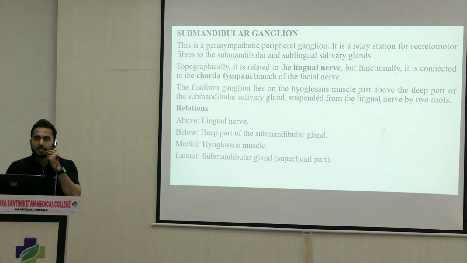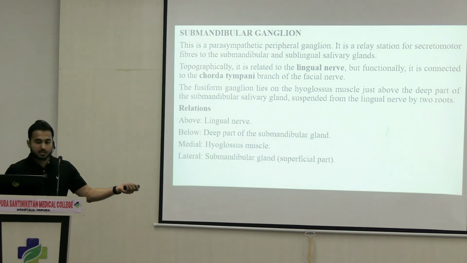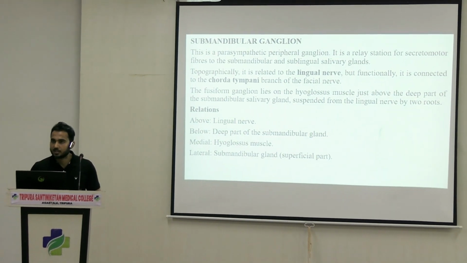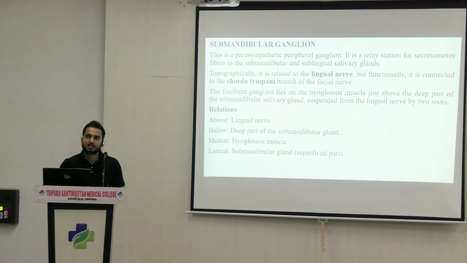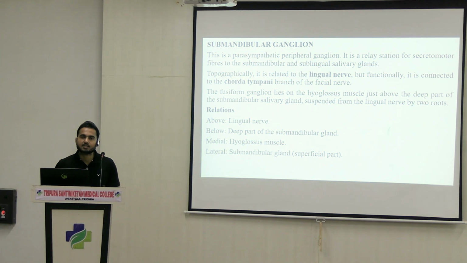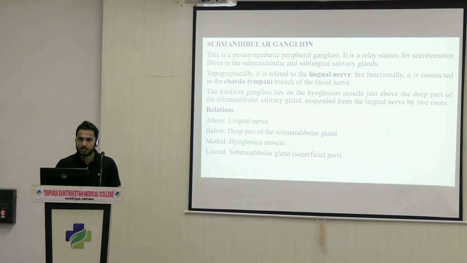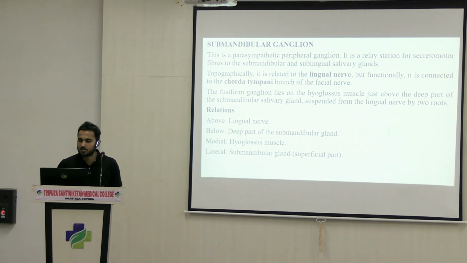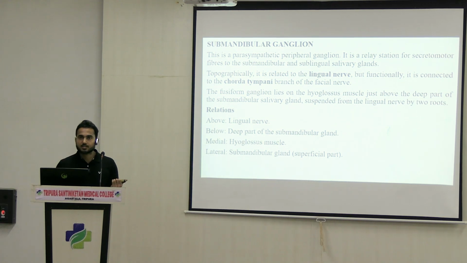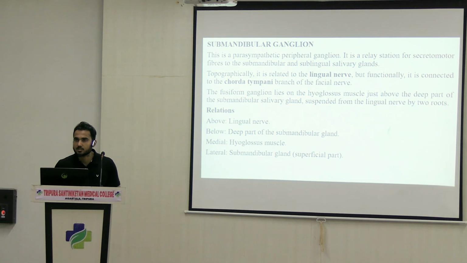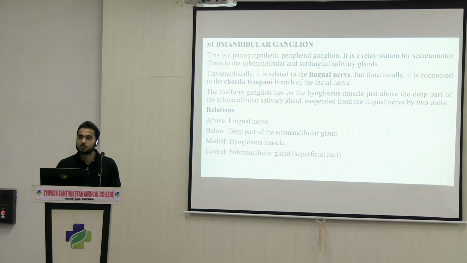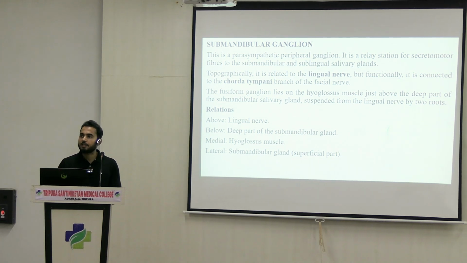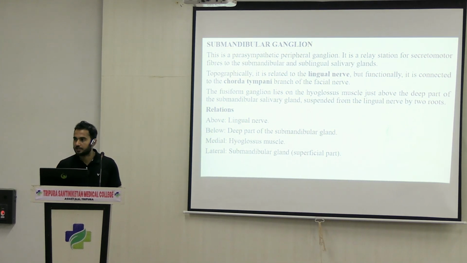The submandibular ganglion is a parasympathetic peripheral ganglion. All ganglia act as a relay station. In this case, the submandibular ganglion acts as a relay station for secretomotor fibers, especially for the submandibular and sublingual salivary glands.